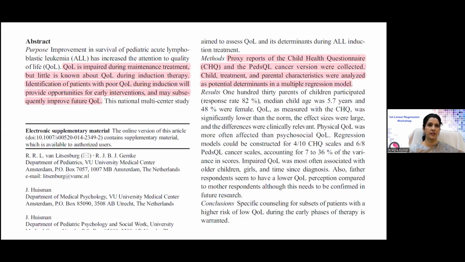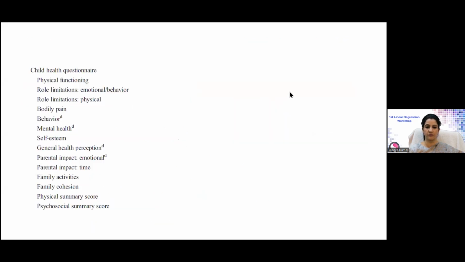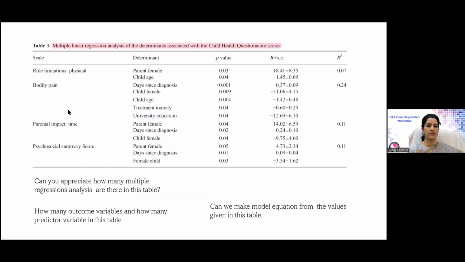The author measured quality of life using the Child Health Questionnaire, the CHQ, and the PedsQL cancer version questionnaire, and then performed a multiple regression model. The child health questionnaire had components like physical functioning, role limitations, bodily pain, behavior, mental health, etc.